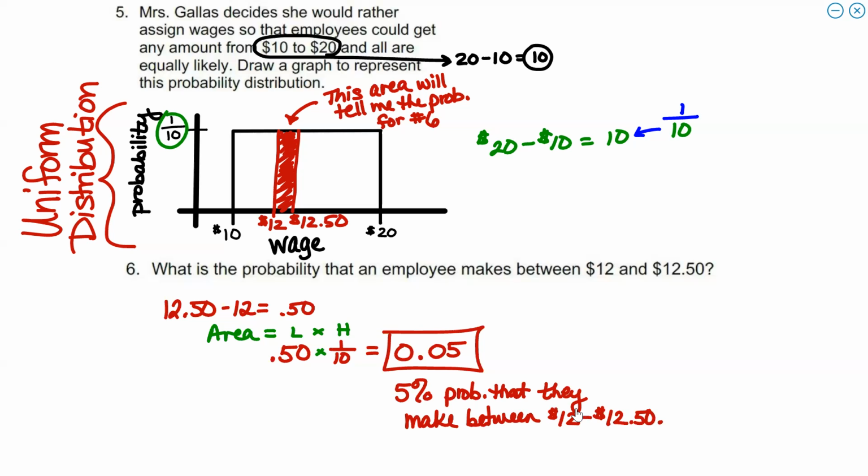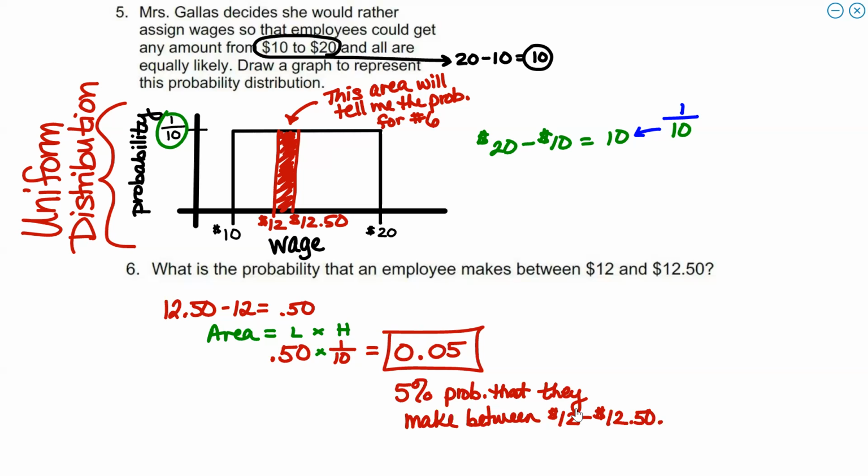All right. Big ideas for today. When I had us pull the wages out of the hat, would that be discrete or continuous? Is that more like shoe sizes where you get what you get and you can't get anything in between?